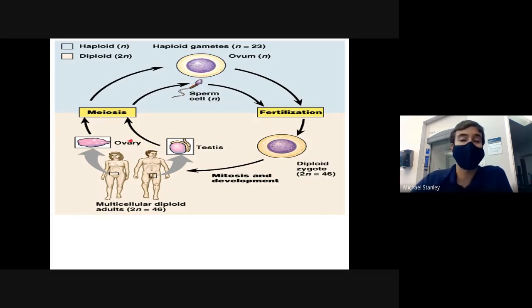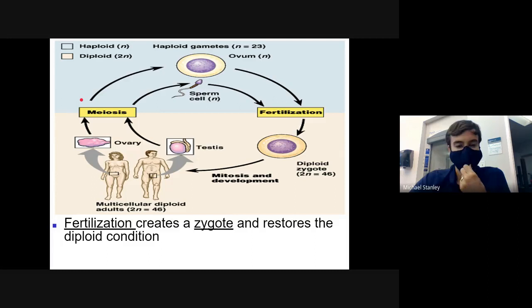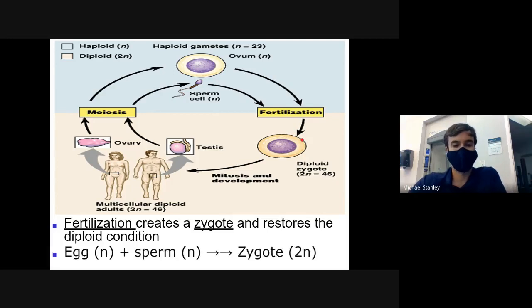And the way that we make new haploid cells in our body, that's right, it's meiosis. So these guys start as haploid, but eventually will come together, fertilize, and that will create a new diploid, a new cell that can then go on to produce all the other cells that our body needs. So if you have an egg that has a single set of chromosomes and a sperm that has a single set of chromosomes, you'll end up with the zygote that now has a double set of chromosomes, just like it's supposed to.